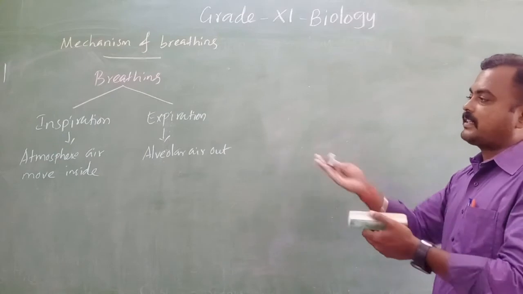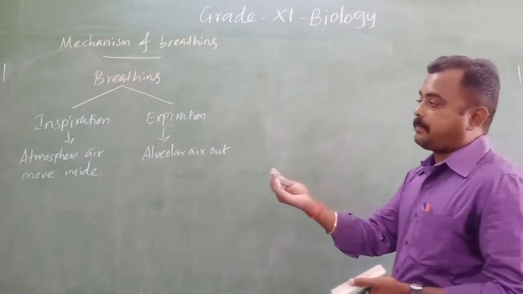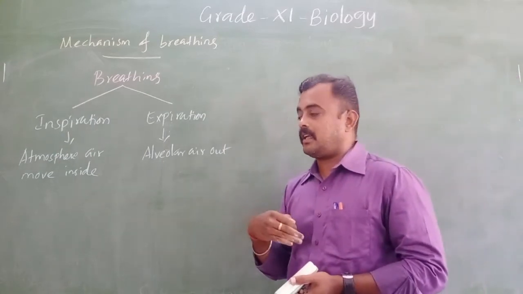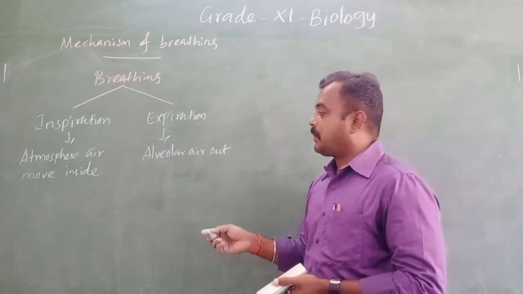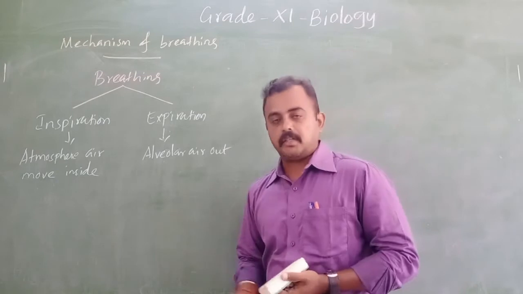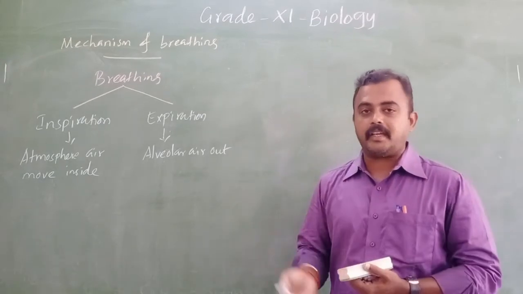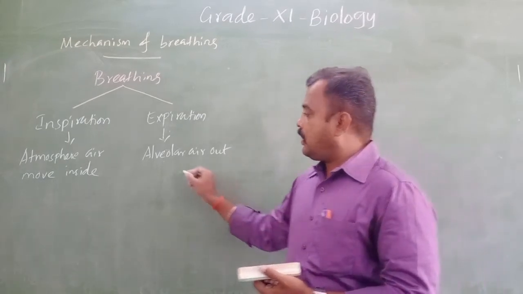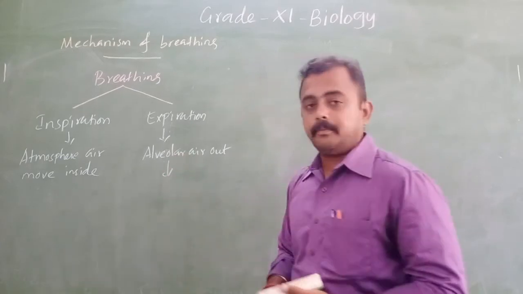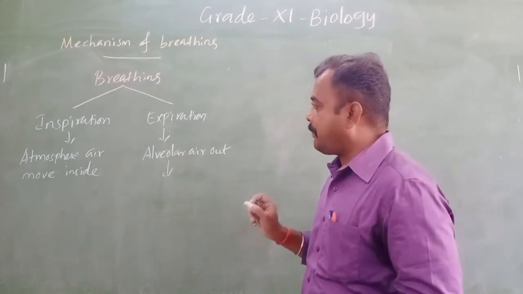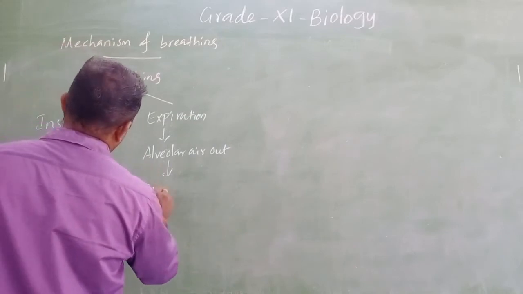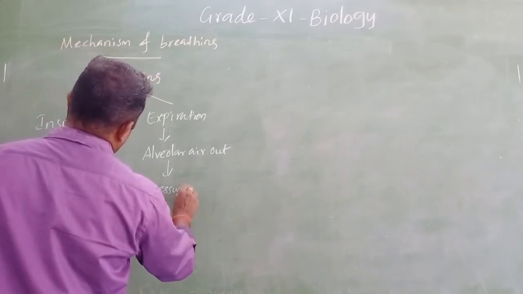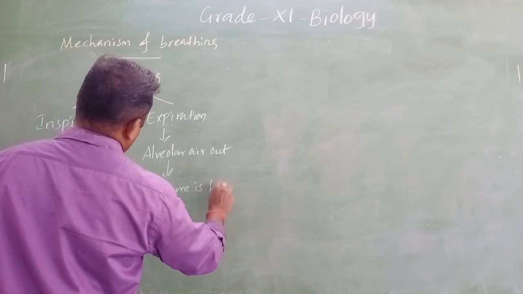So how does it happen? How does the atmospheric air enter inside, and how does the alveolar air go outside? That is based on the pressure, based on the gradient. So in expiration, the pressure is high.